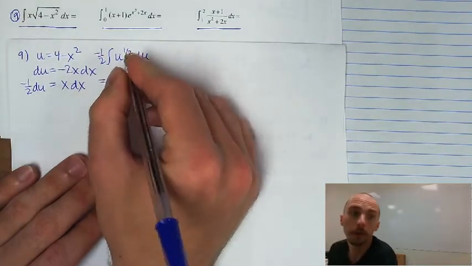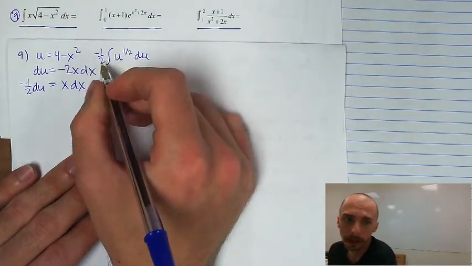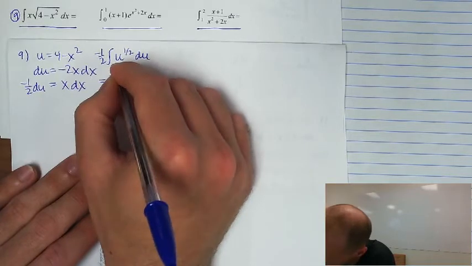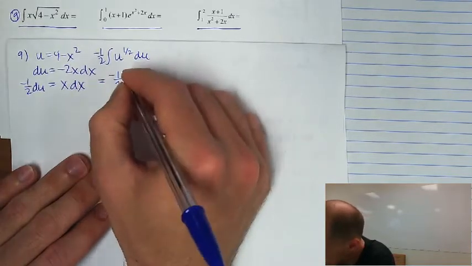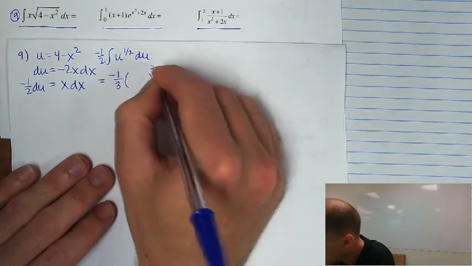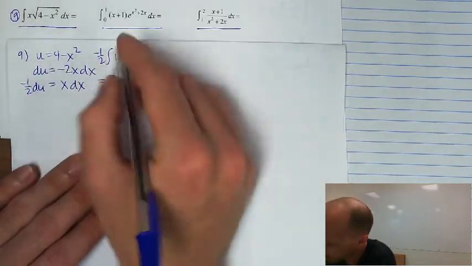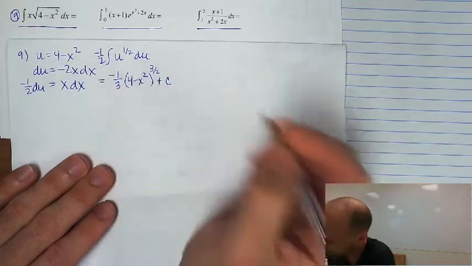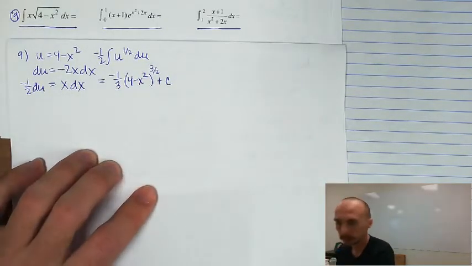And so that'll be 2/3 u to the 3/2 multiplied by negative half, which is negative 1/3 u to the 3/2 plus c. U is 4 minus x squared. Okay.